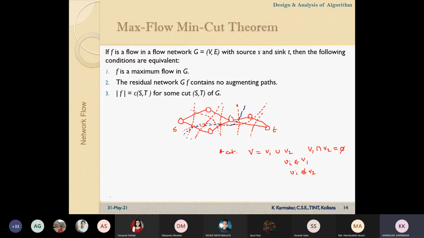So there are lots of cuts of the graph. Now, if you can determine all the cuts of the graph, then from those cuts we have to determine the flow through each cut. The flow of each and every cut can be determined based on the capacity of the links.